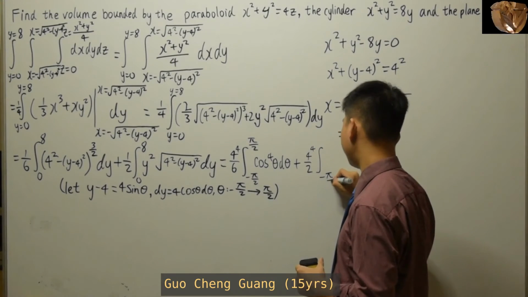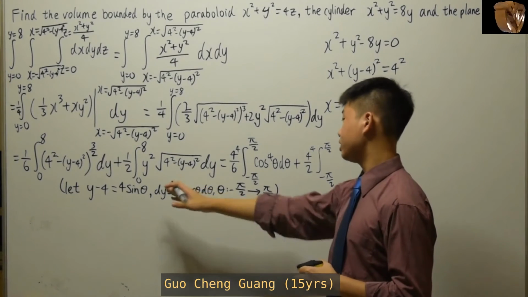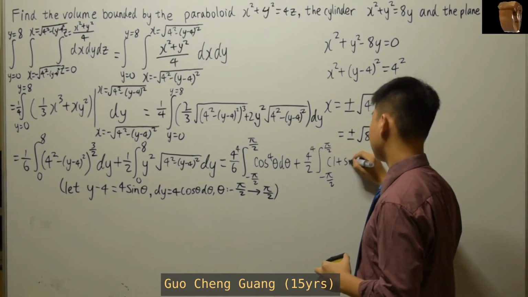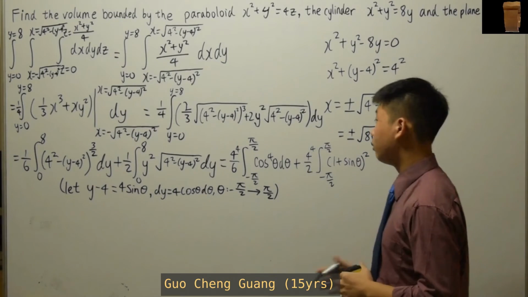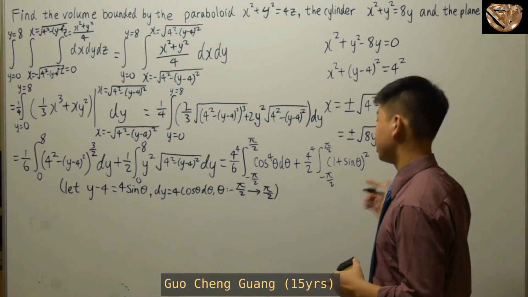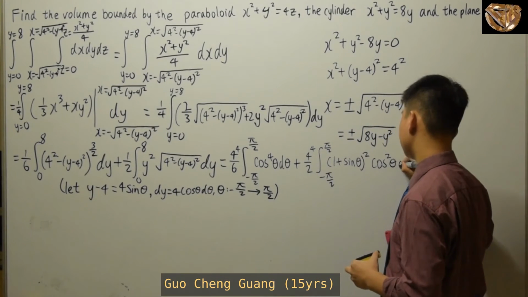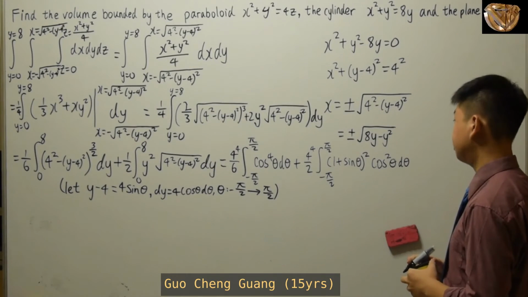Integrate from negative half pi to half pi. Well, for your first term, instead it will become 1 plus sine theta and then squared. Or for your second term, it still becomes your cosine. So you'll still have cosine squared theta. And here altogether, d theta.